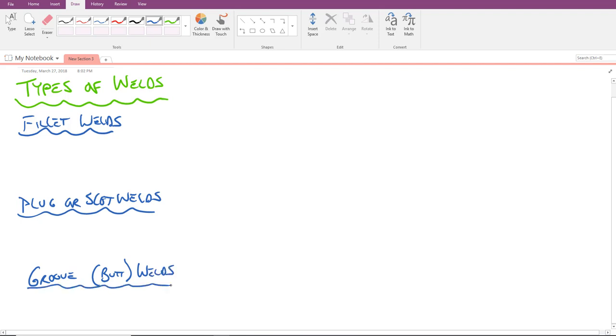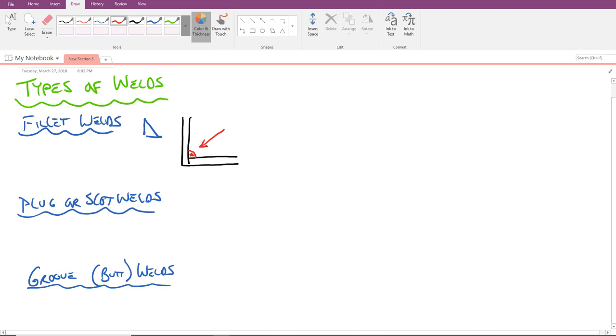The standard symbol for a fillet weld is a triangle, a right triangle in fact. The reason being, if I was to draw two pieces of structural steel here and we wanted to connect those together, I'll draw the weld with red. This is a cross-section view, and we'd actually fill in between those two elements there.